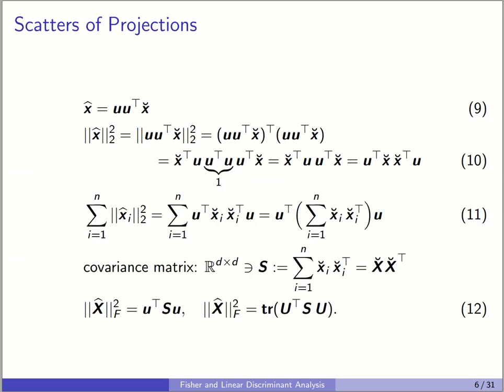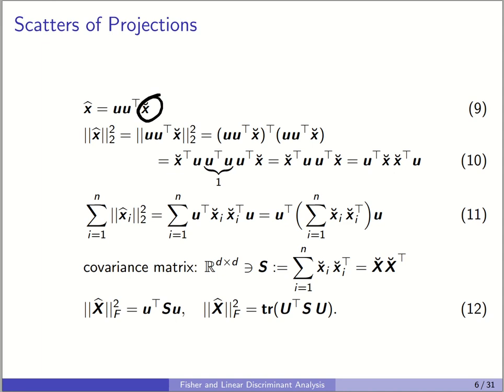Before that, I'm going to tell you what projection is, because Fisher discriminant analysis uses projection. That's why it's a linear method, because it uses a linear projection. So we have x, and x breve here is the centered data.